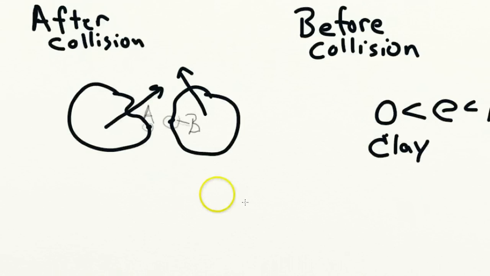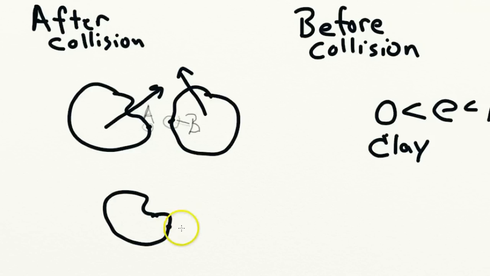Now let's look a little bit closer at this collision when these two objects collide. So I'll draw this. Here's point A, and it's colliding with point B. Let's see, so we had A here, B here.